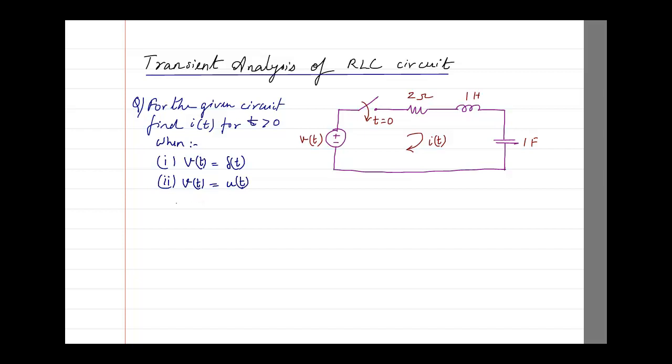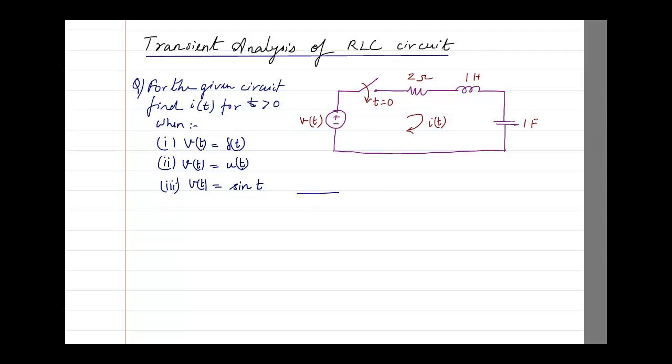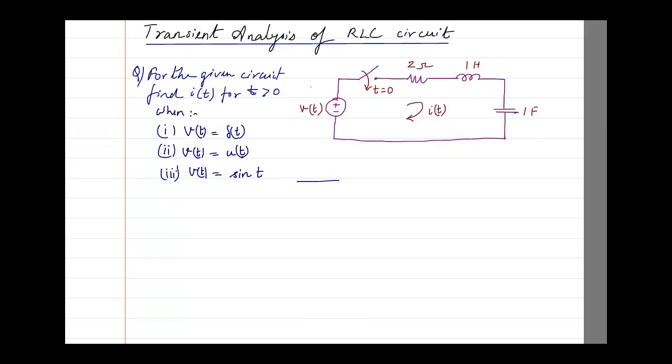And finally, the third case where V of t is either a sine or a cosine. We can take any of them. Let me take sine of t, which means sine of omega t, where omega is 1 here. So this is what we are going to do for the transient analysis of the RLC circuit.